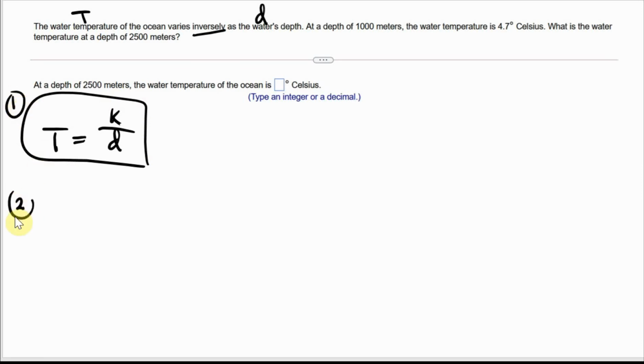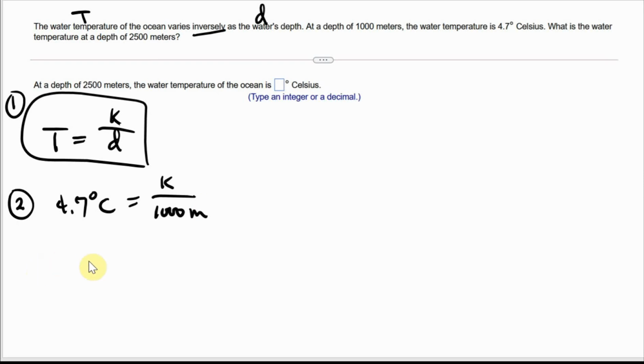So step number 2, it says at a depth of 1,000 meters, the water temperature is 4.7 degrees Celsius. So we have 4.7 degrees Celsius is equal to this constant all over 1,000 meters. And it's pretty cool because you can tell that the constant is going to be in terms of Celsius meters, right?